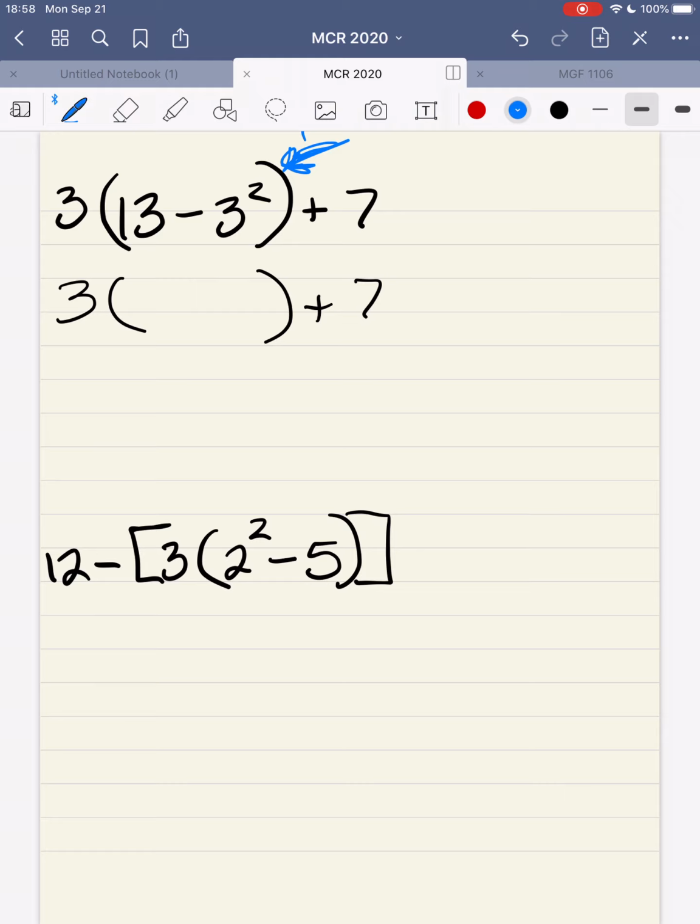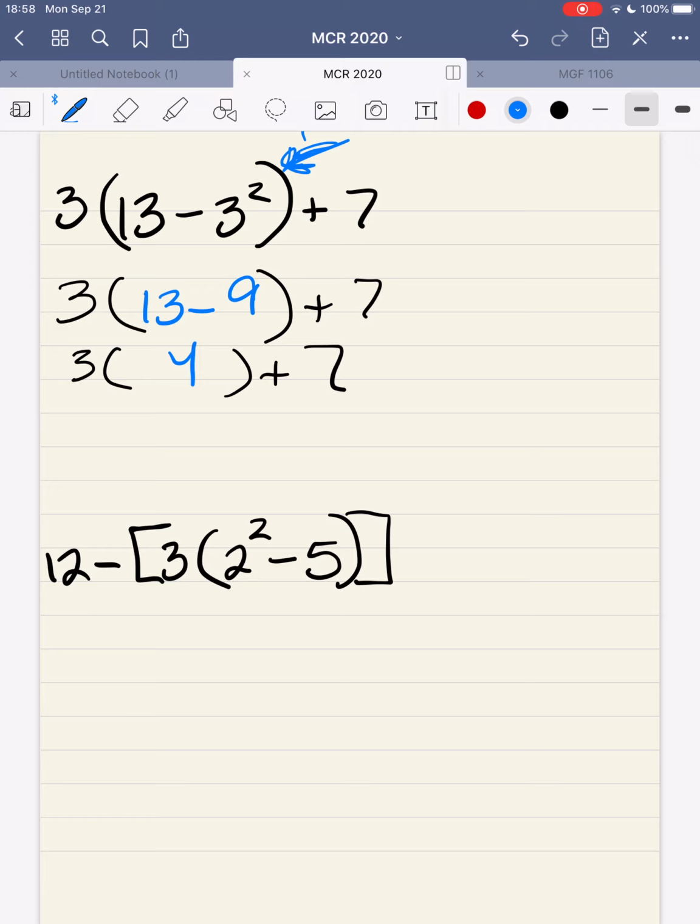So does this parenthesis have an exponent? Indeed it does. We start off with the 13, and we have an exponent with 3 squared is 9. Then we reconsider the 13 minus 9. So you have 13 minus 9. That should give us 4.